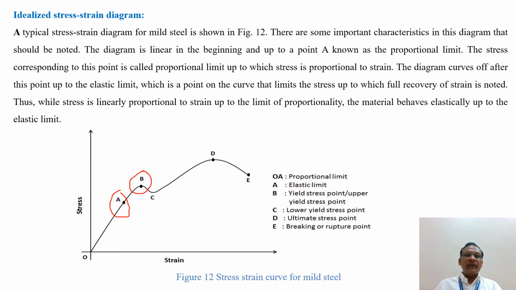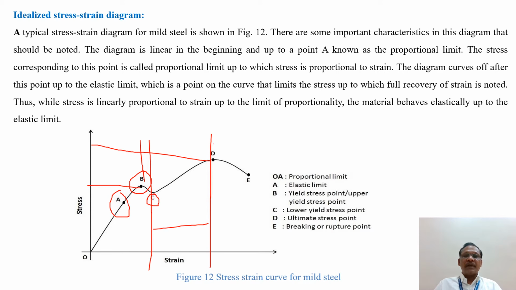So point C is known as the lower yield point, and continuously there is an increase in the force, then there is a small increase in the force as compared to the change. So change in length is large as compared to the external force.